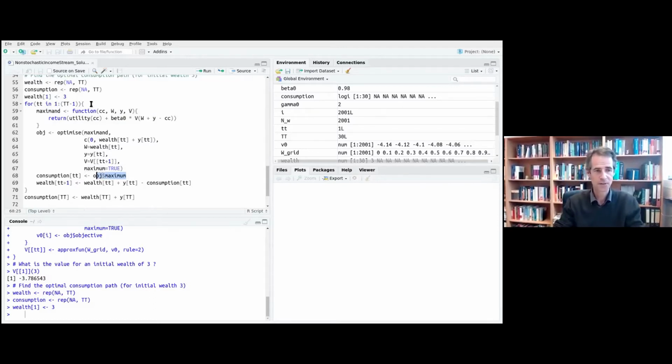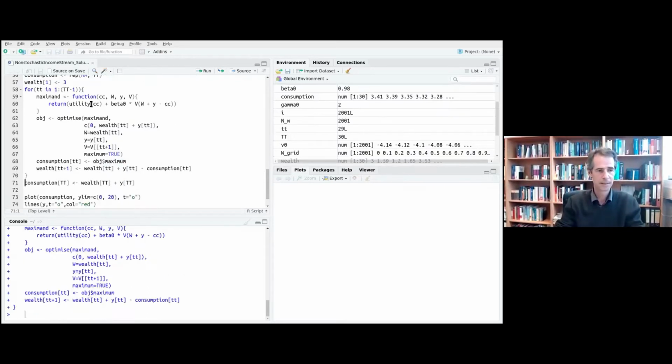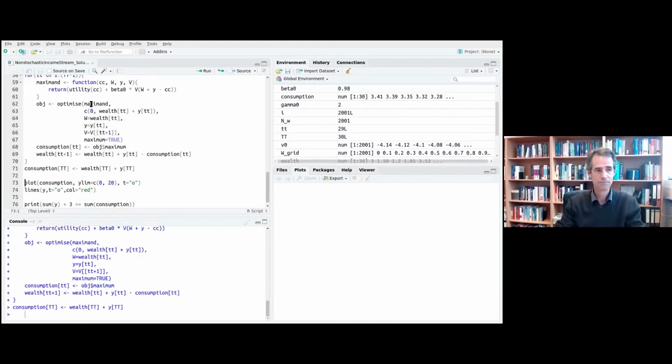So in short, this is the consumption in period t. We write that into the consumption vector of period t. Then we use the law of motion to get the wealth in the next period, and we run that over all periods. Let's run that. That's really fast. And in the final period, we just consume what's left over.